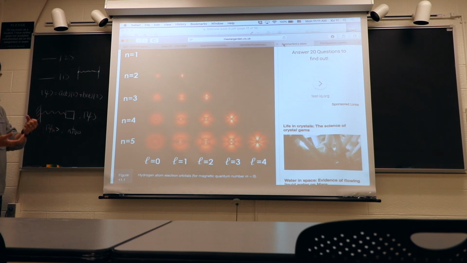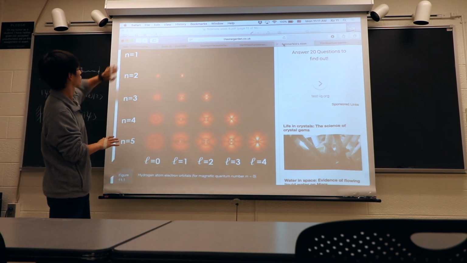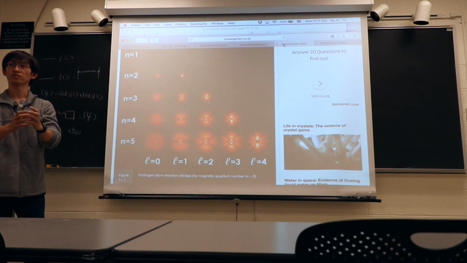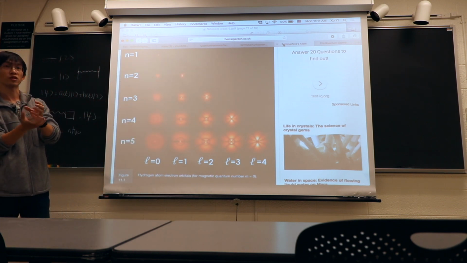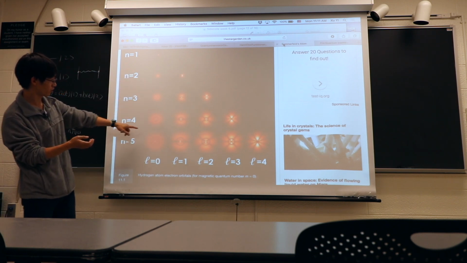But the hydrogen atom, if you think about it, is a three-dimensional thing. What we do here is we're probably looking at it from the top and seeing the projection. And for the absolute ground state, it looks like a sphere. So it's totally symmetric.